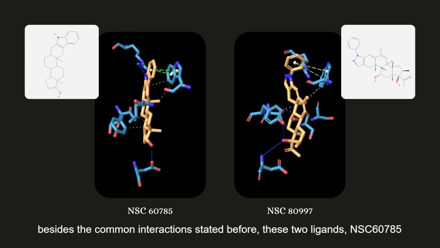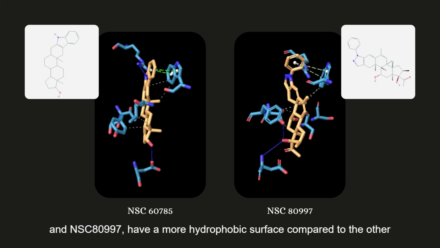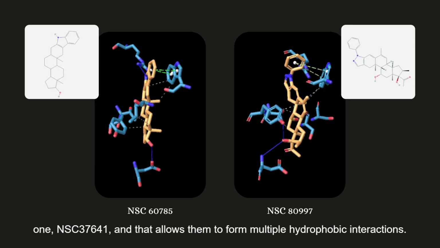For example, besides the common interactions stated before, these two ligands, NSC60785 and NSC80997, have a more hydrophobic surface compared to the other one, NSC37641, and that allows them to form multiple hydrophobic interactions.